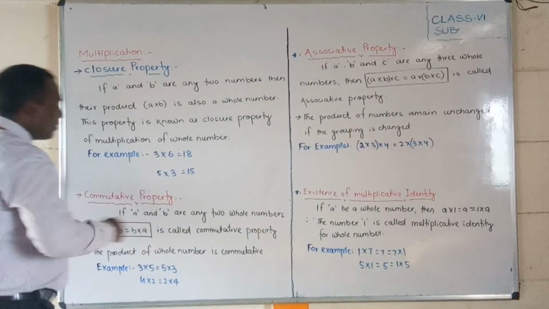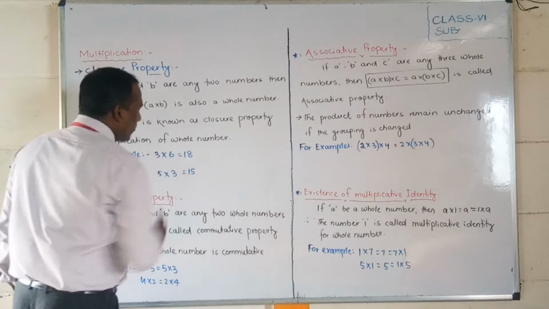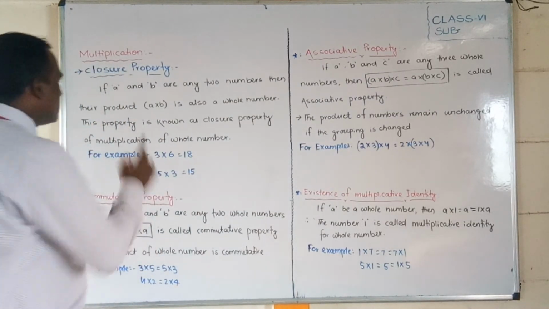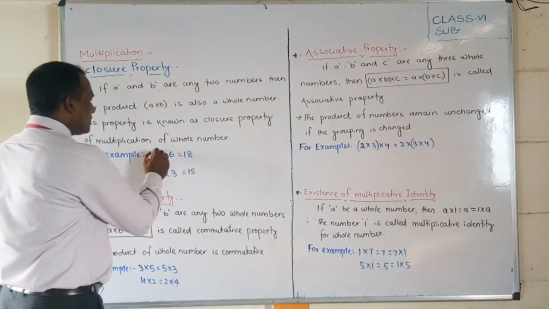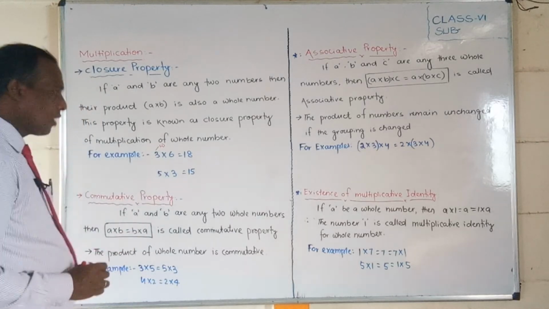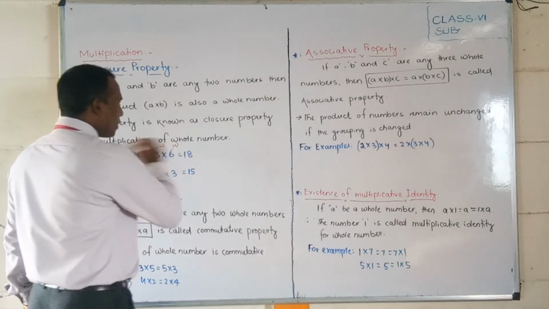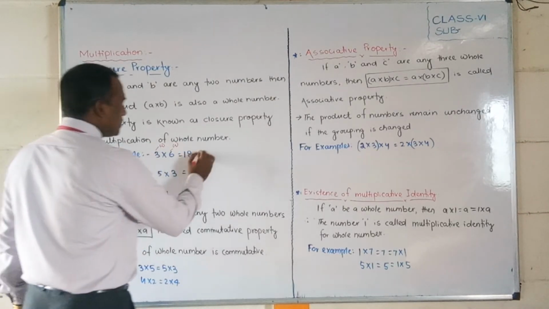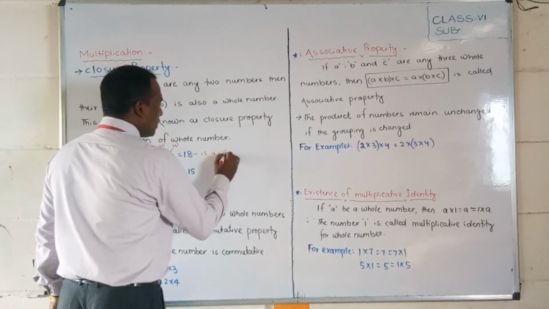Another example: 3 into 6 is equal to 18. 18 is a whole number, and 6 is also a whole number.